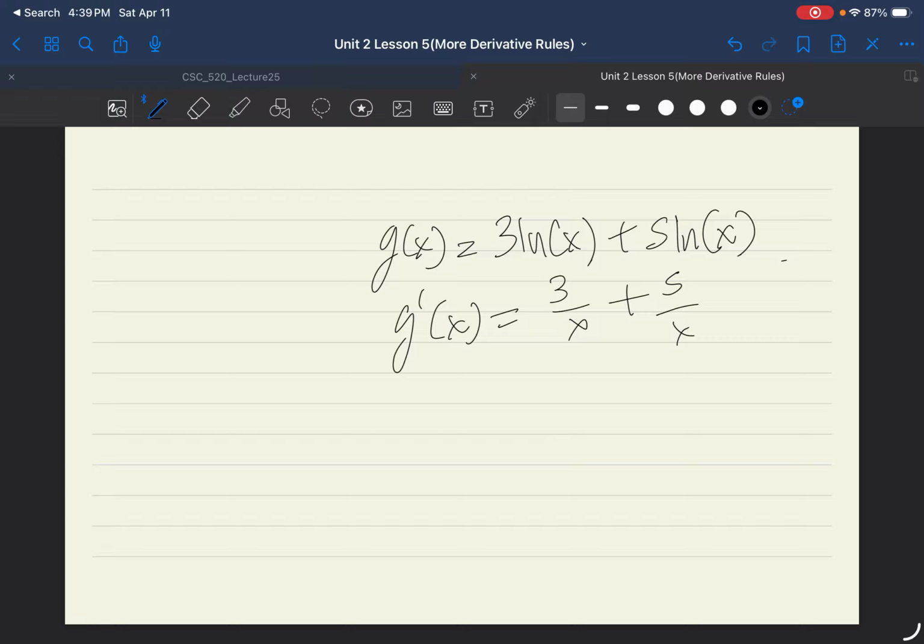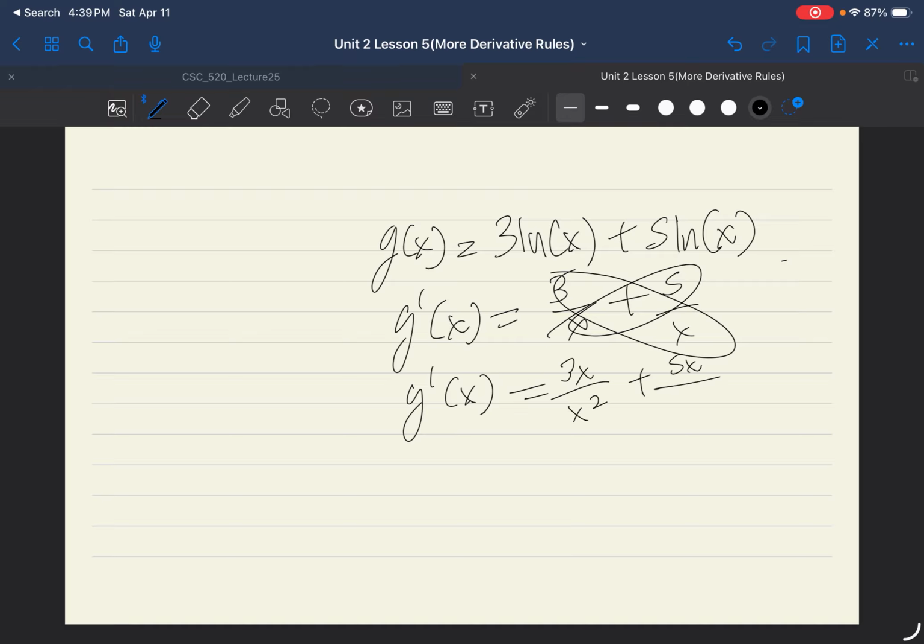If you want to, you can cross multiply to get 3x plus 5x over x squared, which is 8x over x squared, which will be equal to 8 over x.